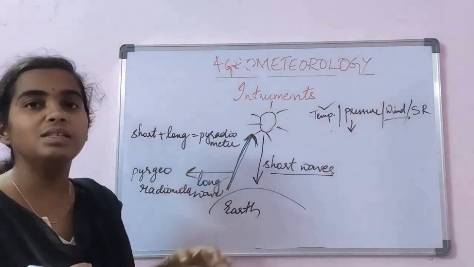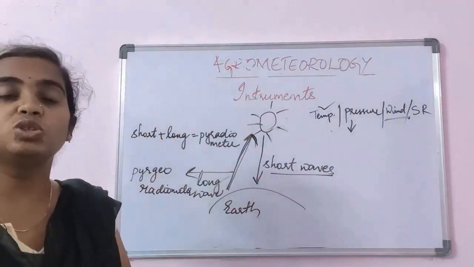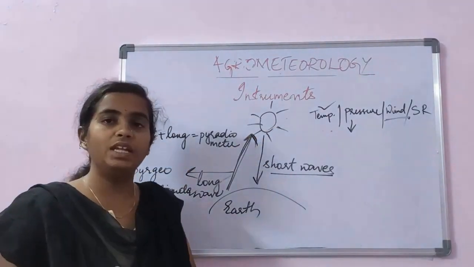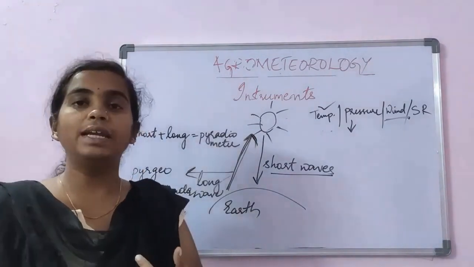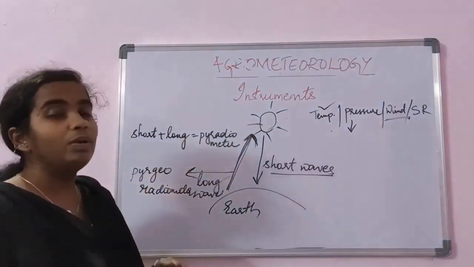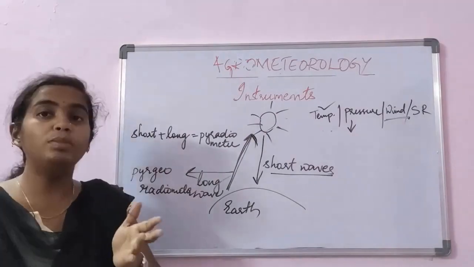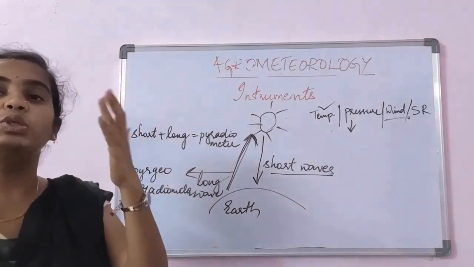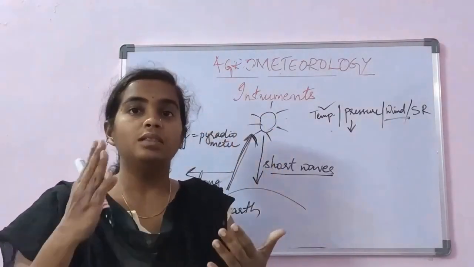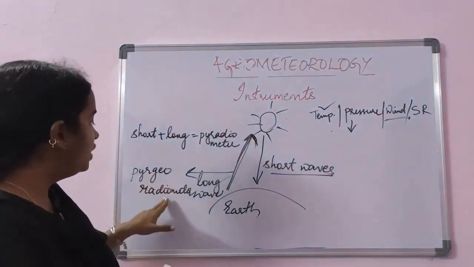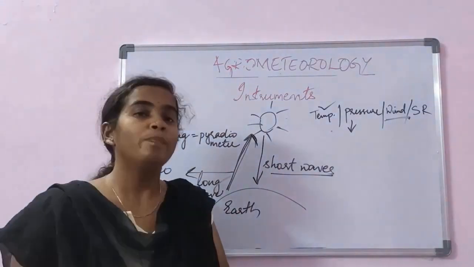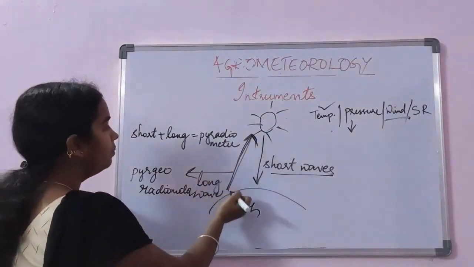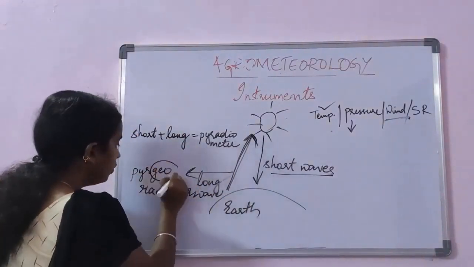If you remember this, it will be easy to remember which instrument is used for which type of radiation. So for short and long radiation, this pyradiometer is used, and for measurement of only the long wave which will be emitted from the earth, the instrument used is the pyrgeometer or piezometer. Here, how you can remember for the long wave is geo.